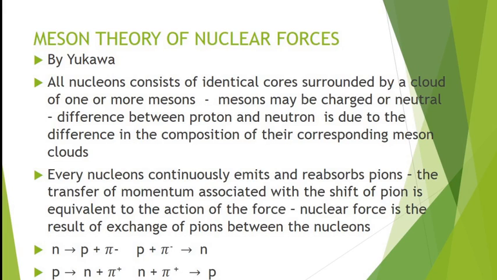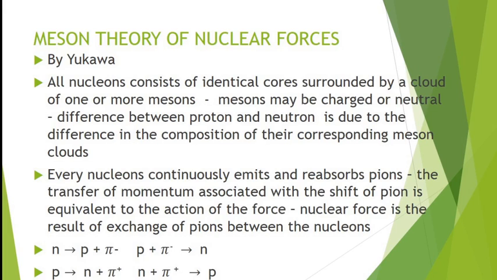For example, you can see a neutron emitting a negatively charged pion, and it becomes a proton. So the neutron gives proton plus pi minus. There a neutron is emitting a pion. Now what happens to a proton on the other side?